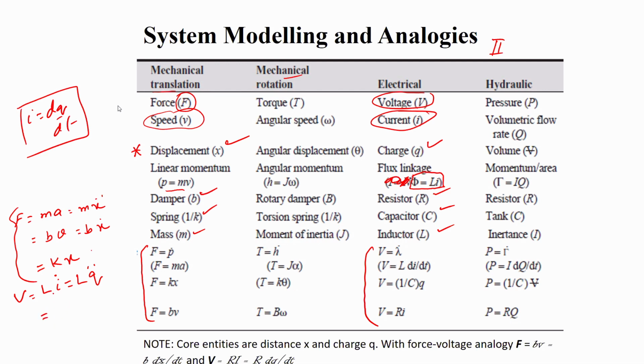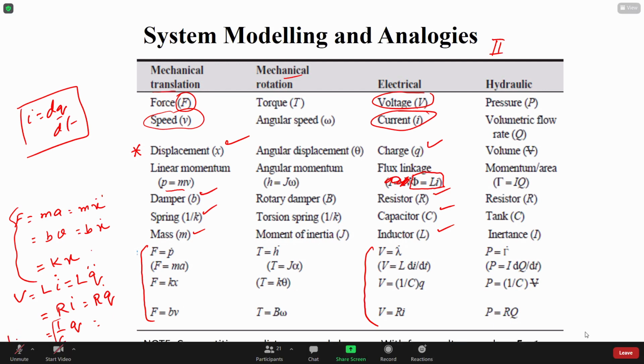Same is the case, the voltage is also equal to Ri, which is R Q dot. It is also equal to 1 over C Q. Okay, so this is essentially some value which multiplies Q. And VC was equal to 1 over C integral of I dt.